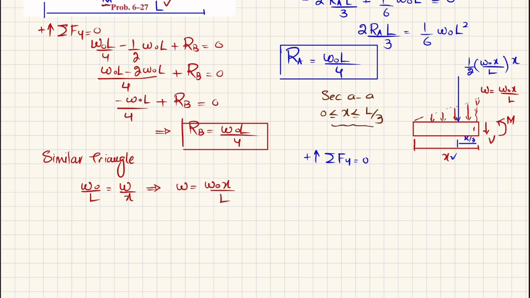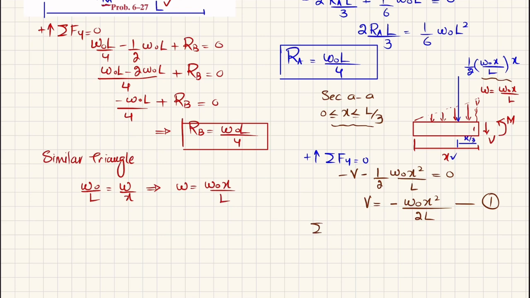Clear? Now V is downward, so minus V, minus this load which is downward, so minus 1 over 2 W naught X square over L is equal to 0. So from here you will get V is equal to minus W naught X square over 2L. Let this be your equation number 1.